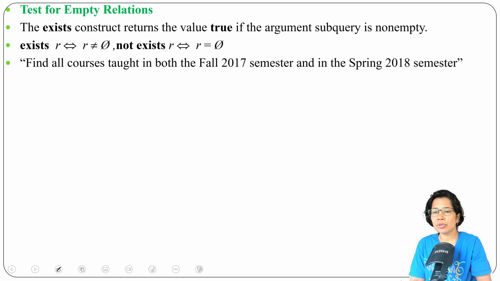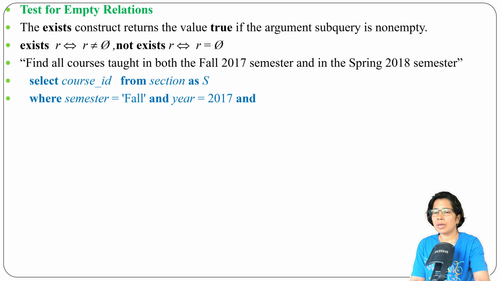Let's see one example. Find all courses taught in both the fall 2017 semester and the spring 2018 semester. In the outer subquery, we'll find courses taught in the fall 2017 semester, and in the inner subquery, we'll find courses taught in the spring 2018 semester. If it exists in the inner subquery, then that will be in both semesters. So select course ID from section as S, where semester equals fall and year equals 2017.